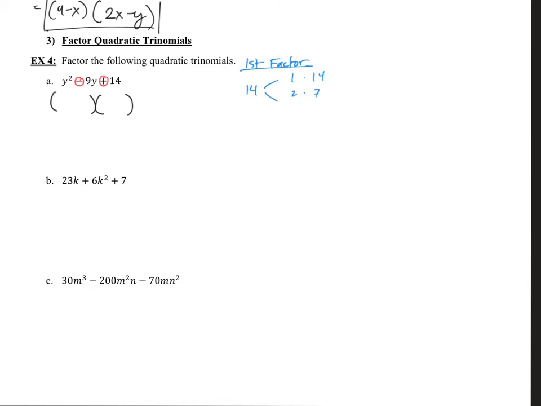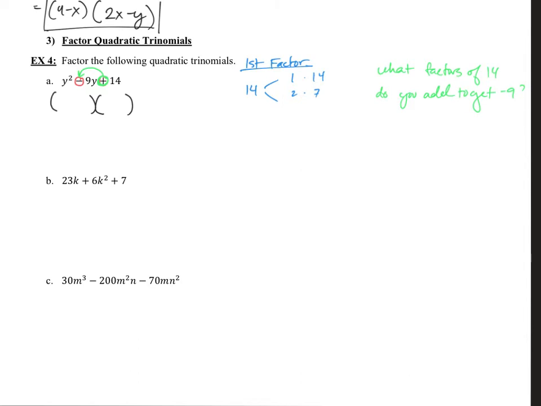So the question is, what factors of 14 do you add to get a negative 9?